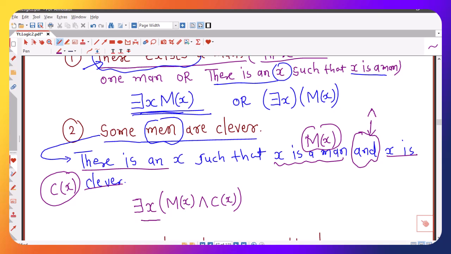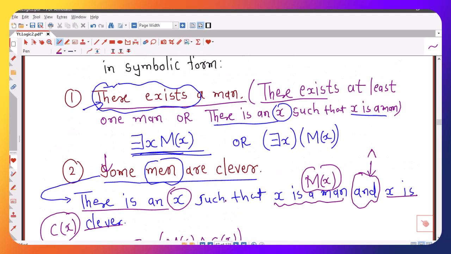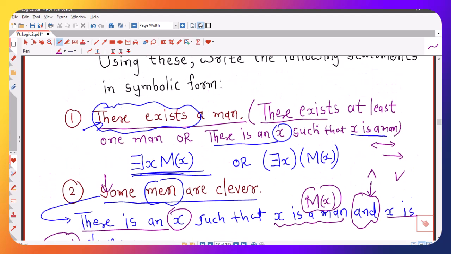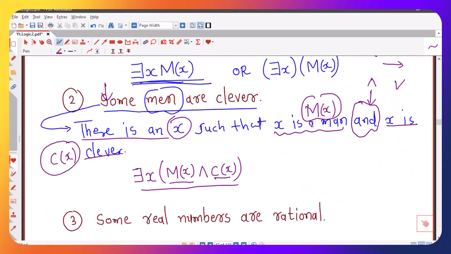This is the symbolic form of some men are clever, that is, there is at least one x such that x is a man and x is clever. So we can use these quantifiers as well as logical operators and or conditional implications, and we can easily write a given statement in symbolic form.